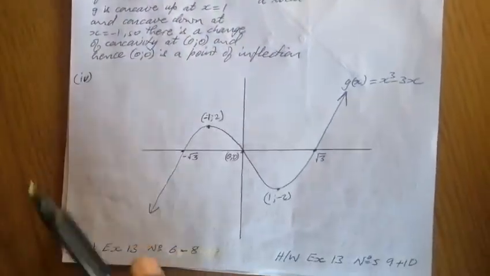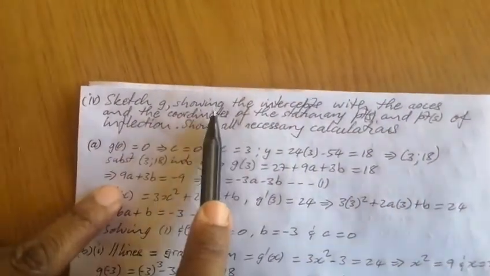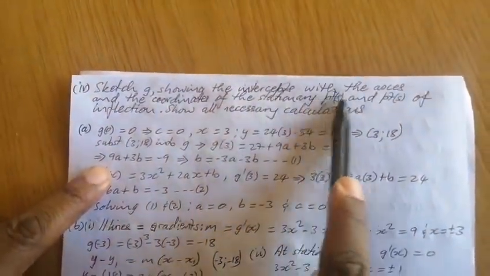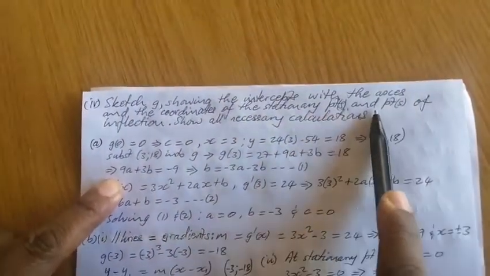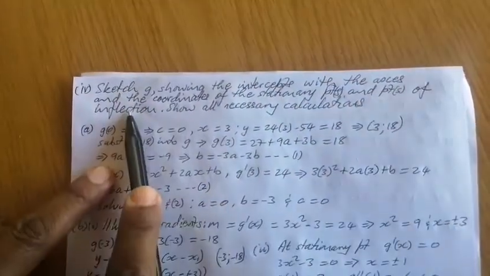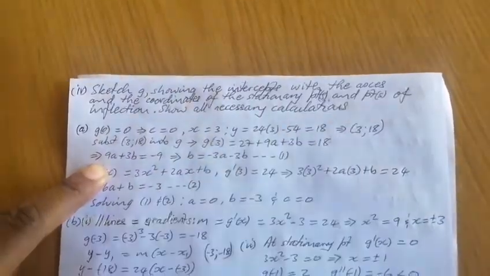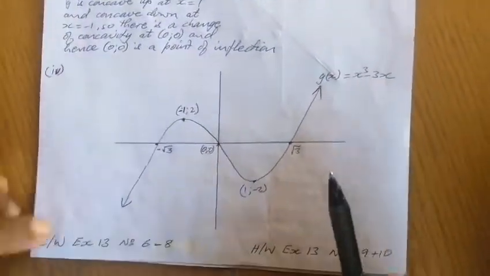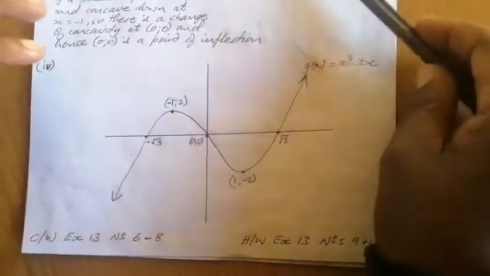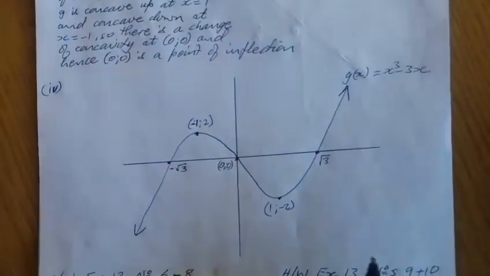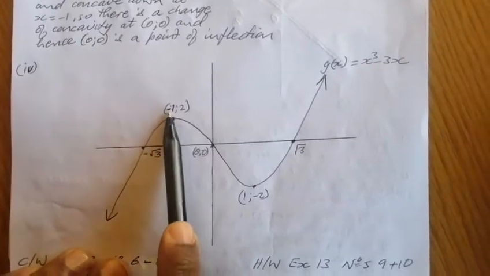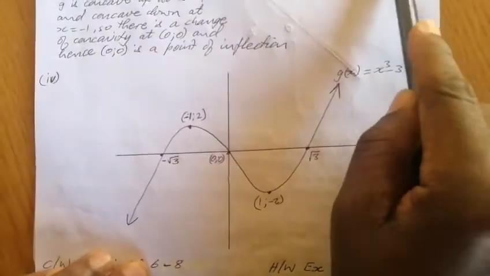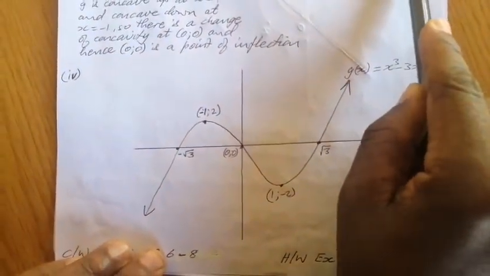Then the last question says, sketch G showing the intercepts with the axes and the coordinates of the stationary points and points of inflection, showing all necessary calculations. Well, calculations are done already in all these questions. We already have our maximum turning point at minus 1, 2, which we said is concave down already.